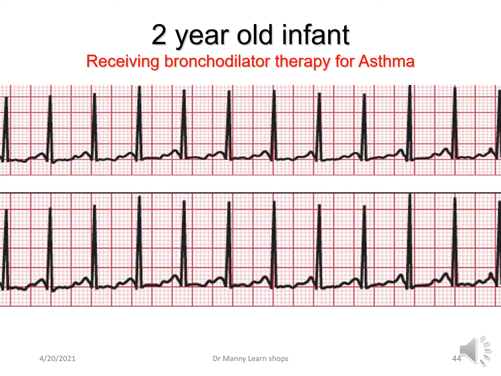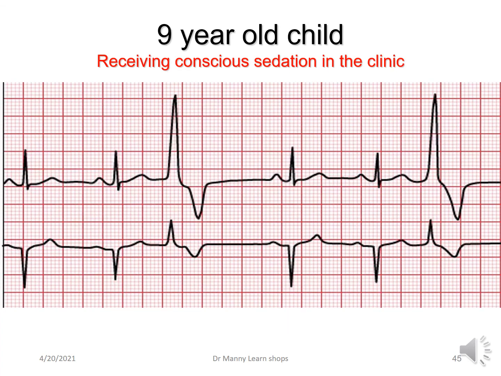Then you've got a 2-year-old infant receiving bronchodilator therapy for asthma. What's the rhythm? The rhythm is sinus rhythm for a 2-year-old. Now you've got a 9-year-old child receiving conscious, moderate, procedural sedation in a clinic. What's the rhythm? The rhythm is sinus rhythm with premature ventricular complexes.